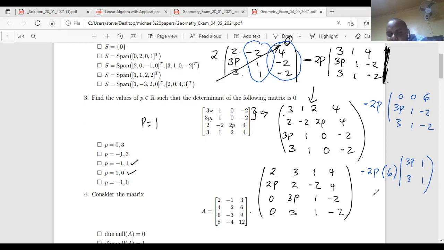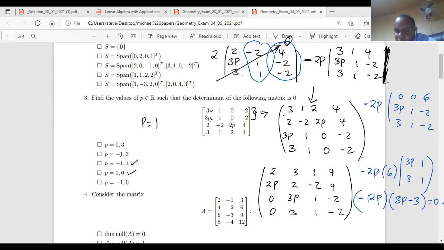So this is going to be minus 12p, 3p minus 12p times 3p times minus 3. 3p minus 3 equals 0. Yes.